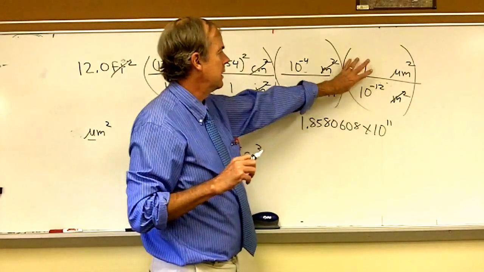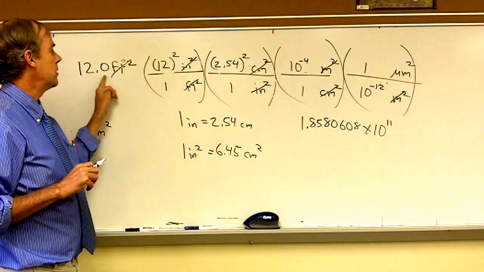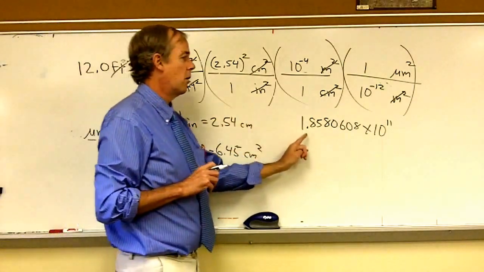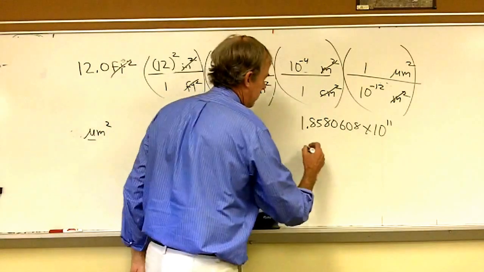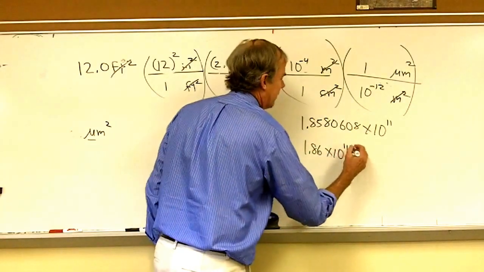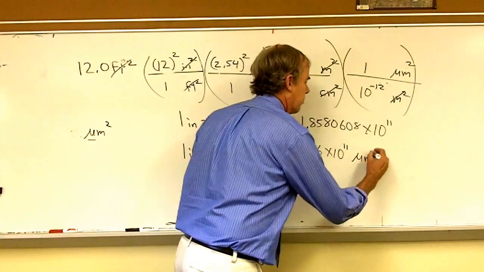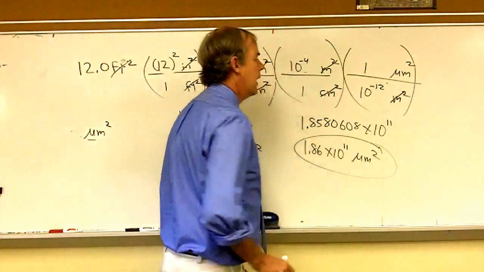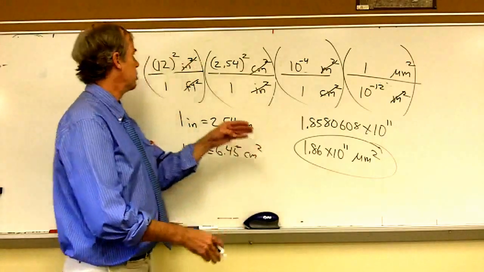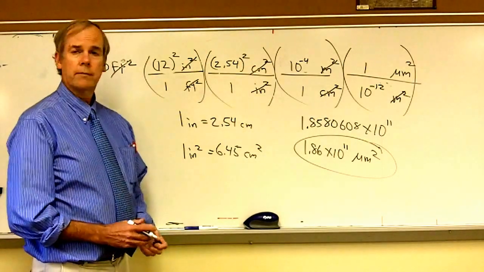First being, these are all exact measurements, but this is a measured number with 3 digits. So I would want 3 digits in my answer. 1.86 times 10 to the 11th. And lastly, never forget your units. Micrometers squared. And that would be the correct conversion from feet squared to micrometers squared.